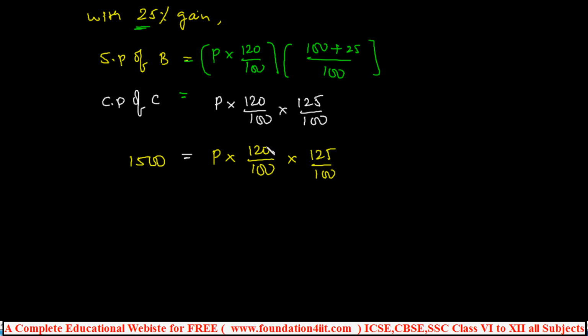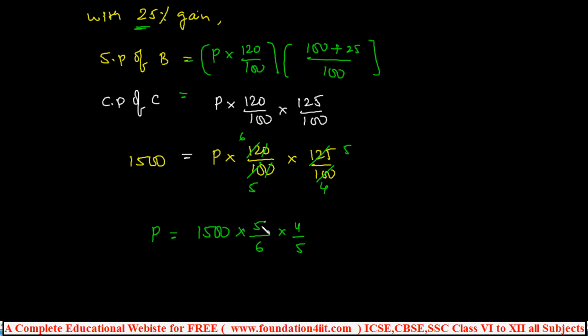Let's simplify. 125 and 100 reduce to 5 and 4. 25 and 5, cancel this. 12 and 10 reduce to 6 and 5. Then P is equal to 1500 into the reciprocal, 5 by 6, and 4 by 5.